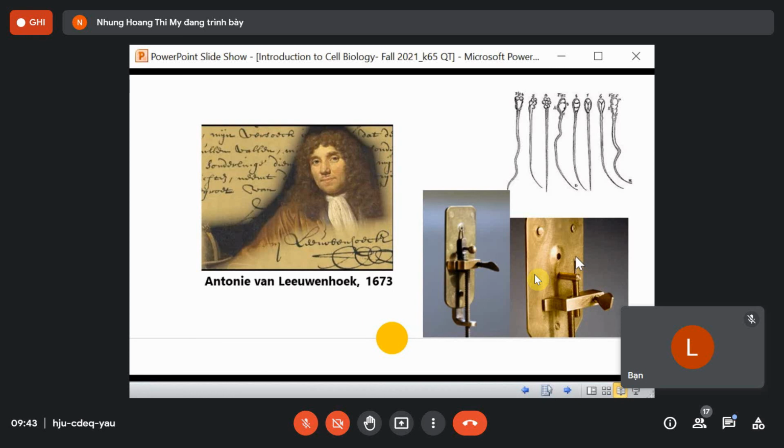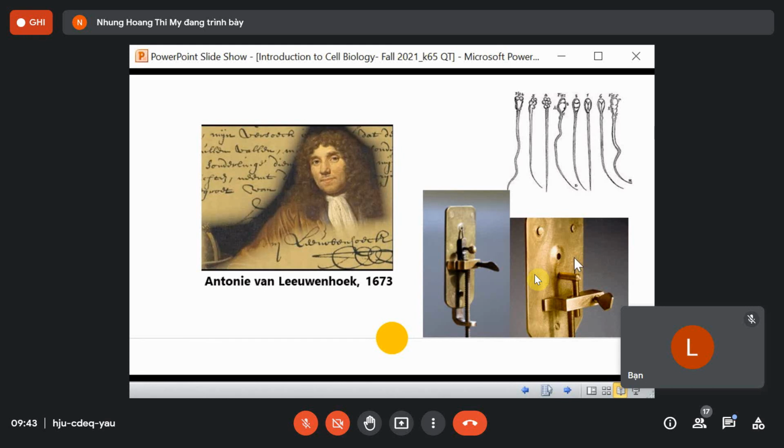So through this microscope, he observed many types of cells, single-cell organisms, like the red blood cell or the sperm cell. He also observed bacteria, but he called them little animalcules.